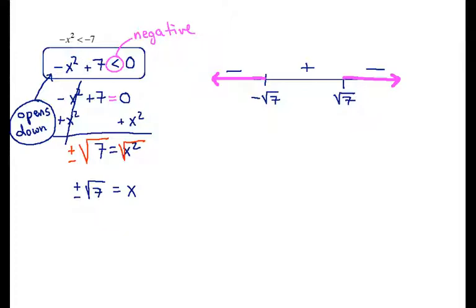And now, finally, I'm going to think about the bracket type. It's a strict inequality, so these have got to be parentheses. And I will go ahead now and write my solution set as starting from -infinity, going up to negative square root of 7, starting again at positive square root of 7, and going up to infinity.